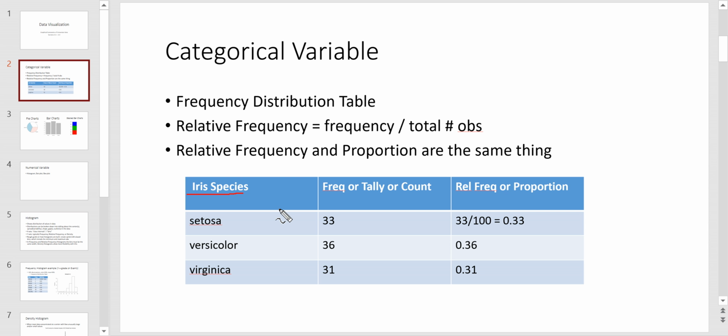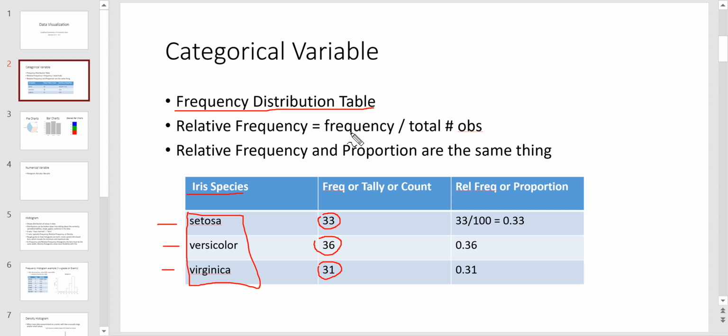After observing the data, I realized there were three levels: setosa, versicolor, and virginica. So I listed them out. Then I went through the data, and usually you do this with the help of software, but it's also easy enough to do manually if n is small enough. And I literally counted 33 setosas, 36 versicolors, and 31 virginicas. So that would be an example of a frequency distribution table.